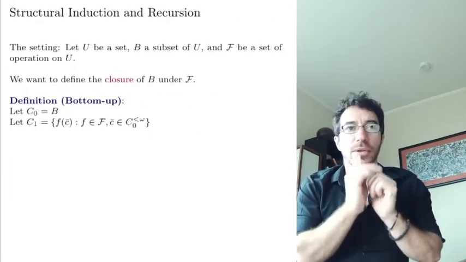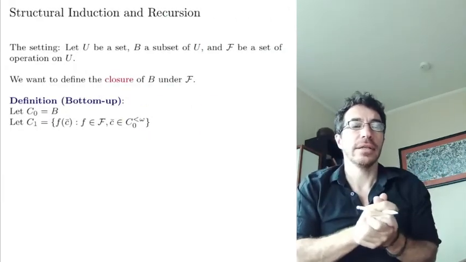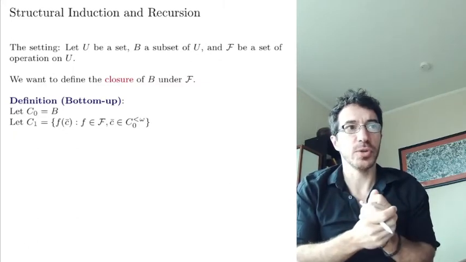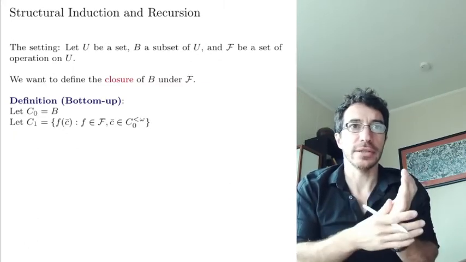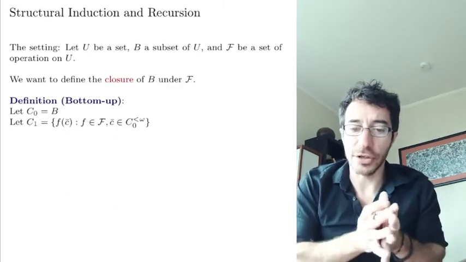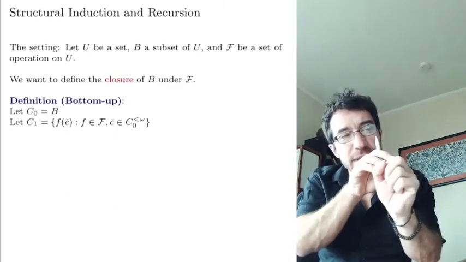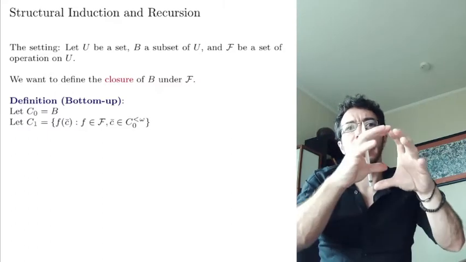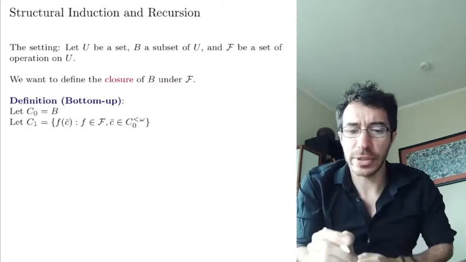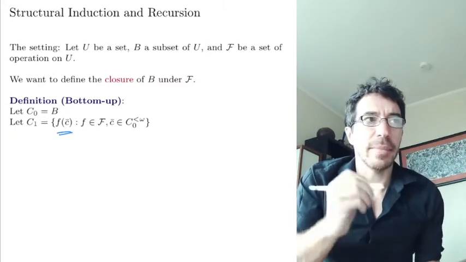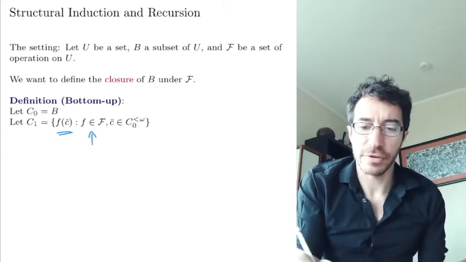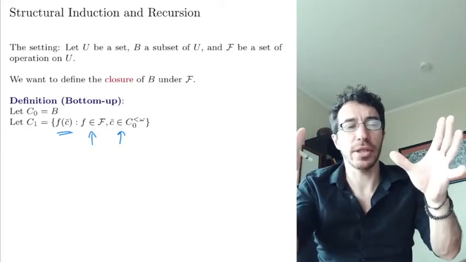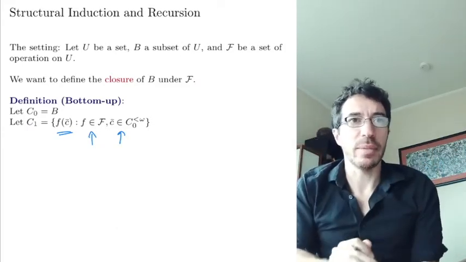Then we apply the functions in F to the elements in B, just once, and we get a slightly bigger set, right? So we take all the things you can get by applying any function in F to any tuple that we already have, and we put the new things in C1.